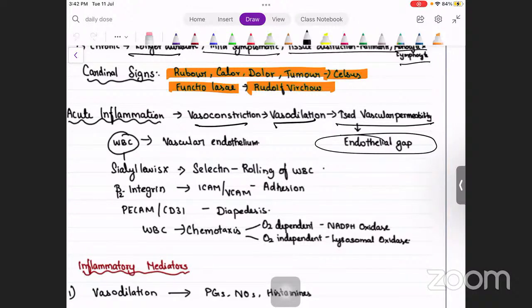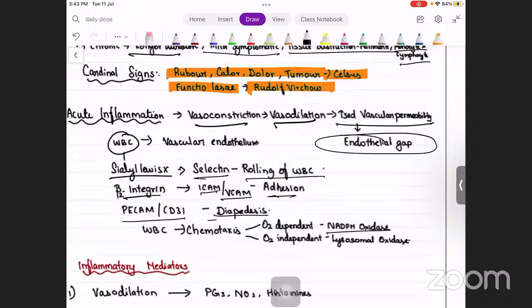First one is Sialyl-Lewis X, which binds a selectin protein, mediating the rolling of WBC, and beta 2 integrin binds ICAM and VCAM, which mediates the adhesion, and then diapedesis is mediated by PECAM or CD31, while chemotaxis is O2 dependent or independent.